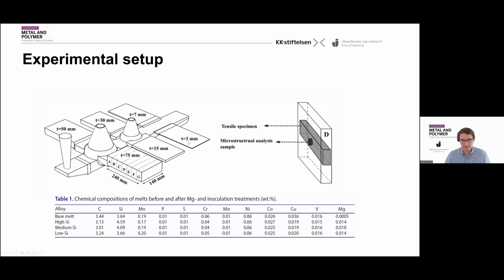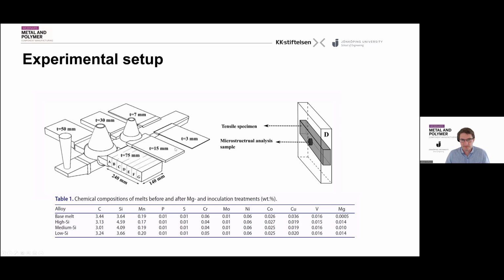It captures quite a wide range of cooling rates. You see the thin sections here are from 3 millimeter, 7, 15, 30, 50, all the way up to 75 millimeters, which is quite thick. So that will take a long time to solidify and get a completely different cooling rate than you have in the thin samples here. So this is all cast in one go at the same time in a sand mold.